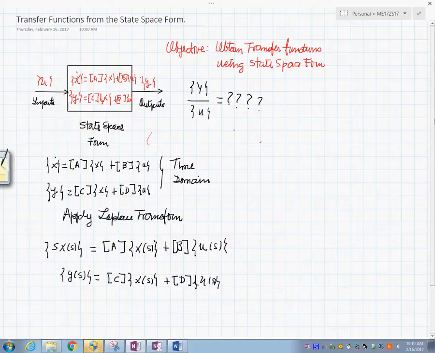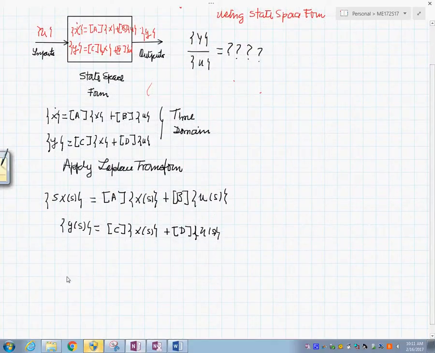So in order to do this, what I suggest we do is, we have two equations, two unknowns over here. We need this ratio here. So here's what I would suggest.